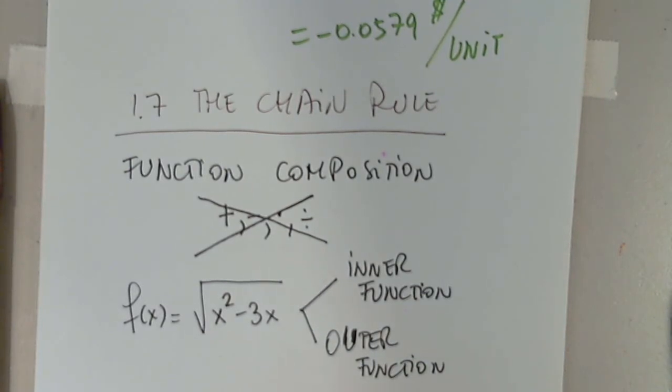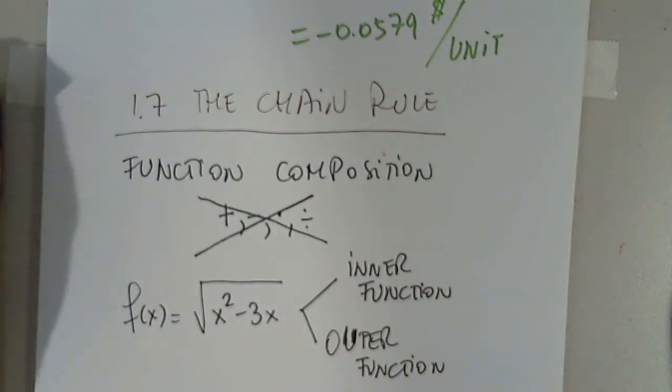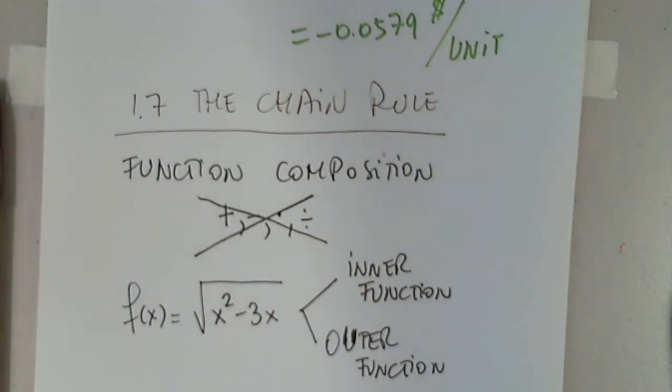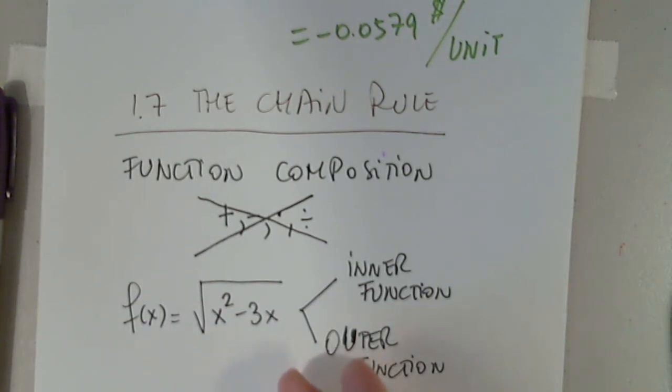Yes, answers may differ because we can come up with more than two functions. Obviously it's a composition of two functions. It's not a quadratic function, and it's not a radical function or square root. It's a combo of those two. But now I need to identify which one is the inner and which one is the outer.